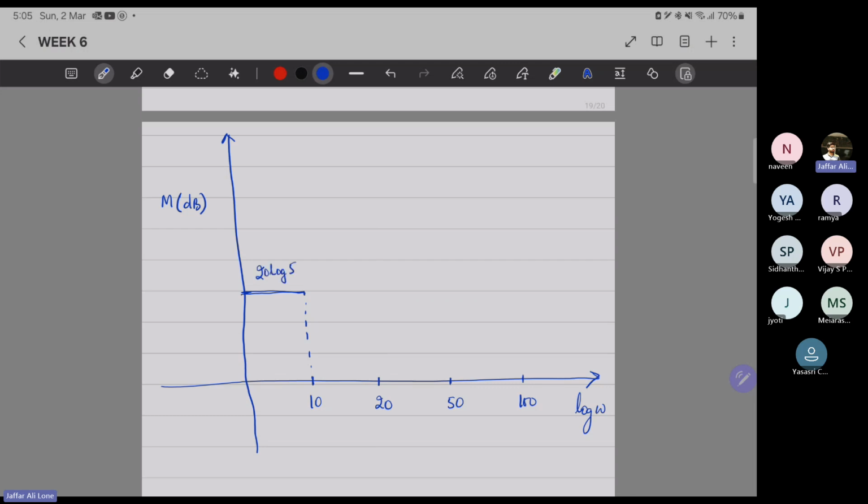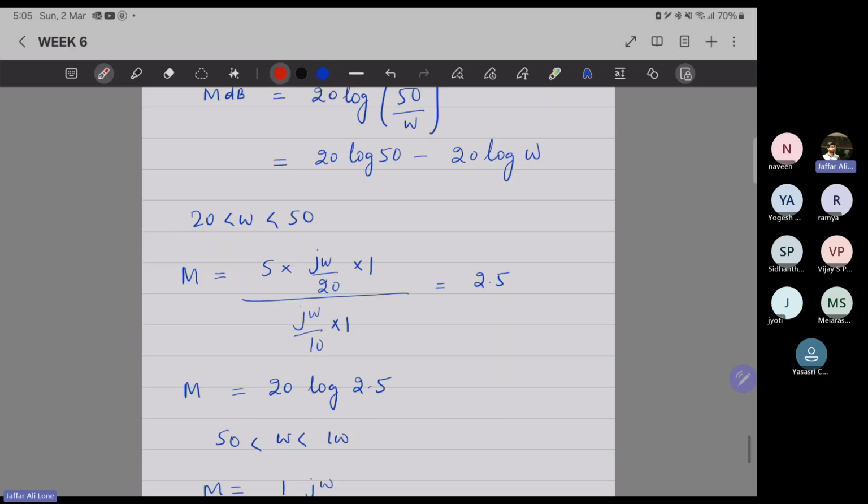Then I know when I reach 10, at 10 I have a pole. I know one pole gives a contribution of minus 20 dB per decade, right? So I will go like this, and it will go till my magnitude is reached.